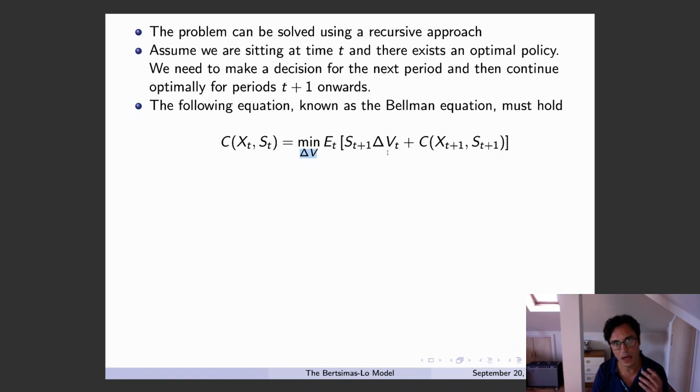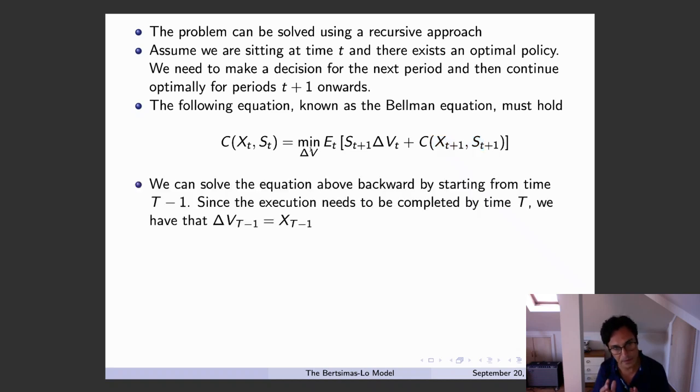So you find the optimal thing to do for one time step, and then you continue optimally, which means that you're going to find the next optimal action for one step at t plus 1, and so on and so forth.